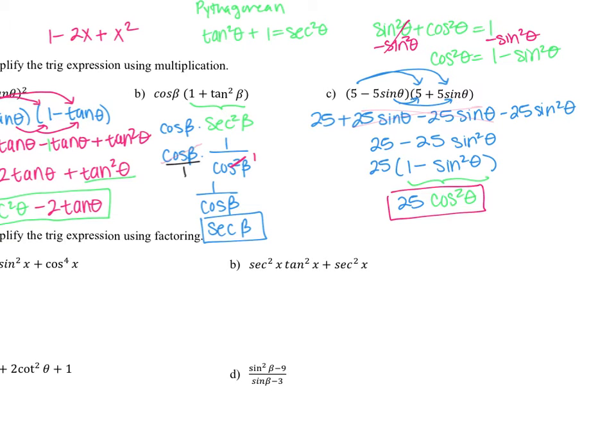In this case, all I really had to do was multiply the first number with the first number to get that 25, and the last number with the last number to get that negative 25 sine squared. I really didn't have to FOIL all of it, because the middle terms always cancel out when they're opposite signs of each other. So I hope you notice that and will utilize that in future problems.